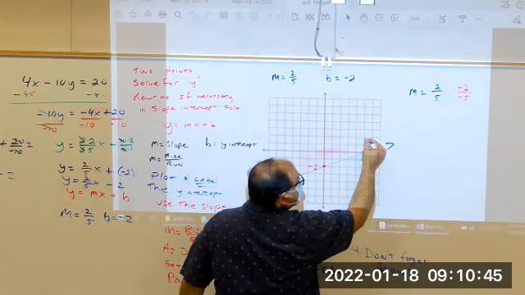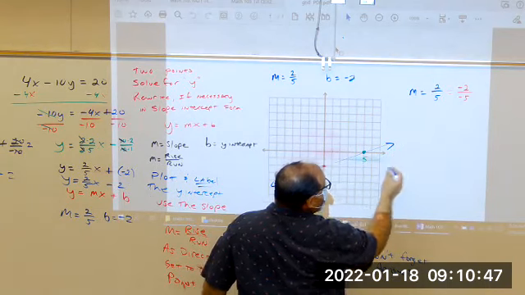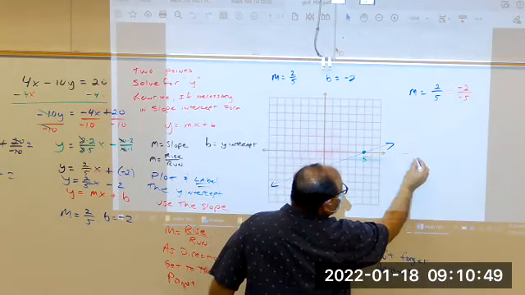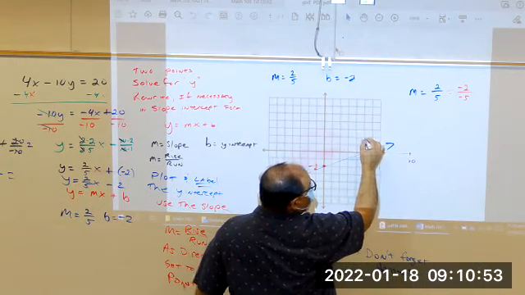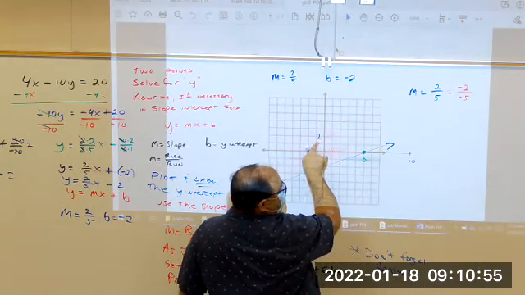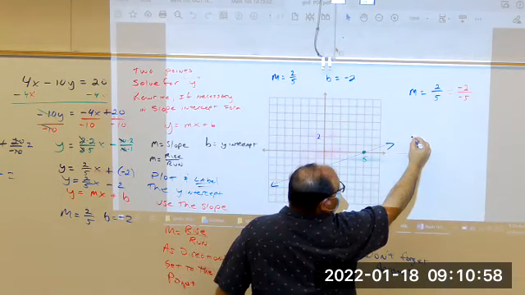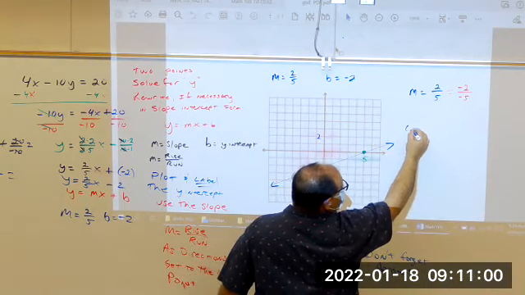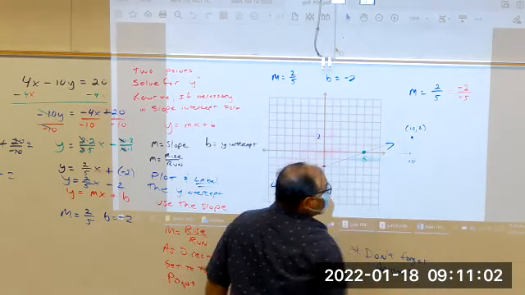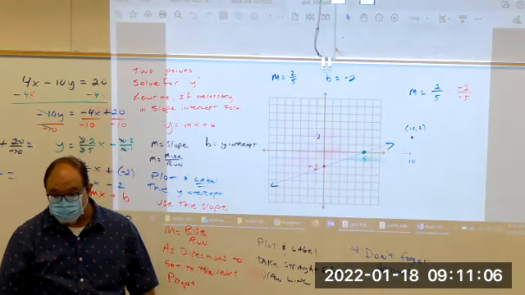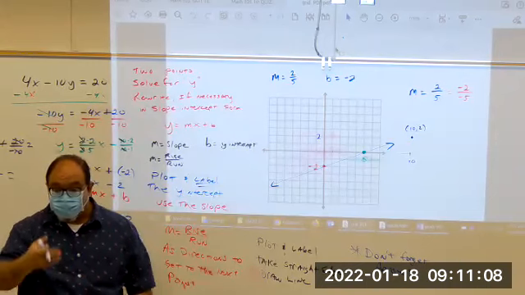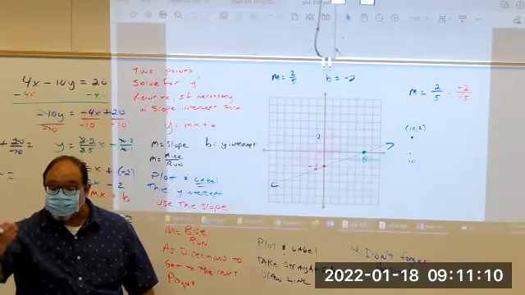I can go up 2 and over 5 more. Going over 5 more puts me at 10, and going up 2 puts me at a y of 2, right about here, where this would be 10, 2. That's on the line. And you could go up 2 and over 5, and up 2 and over 5. It's like a staircase.